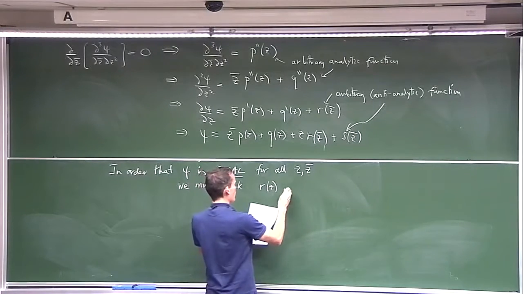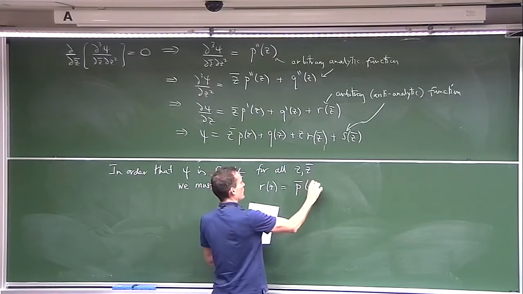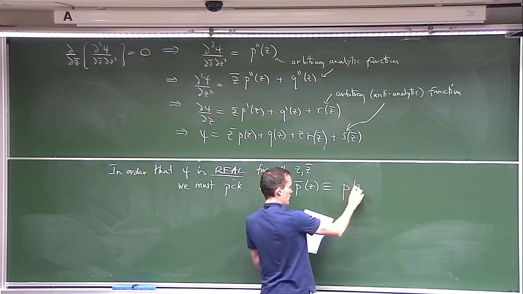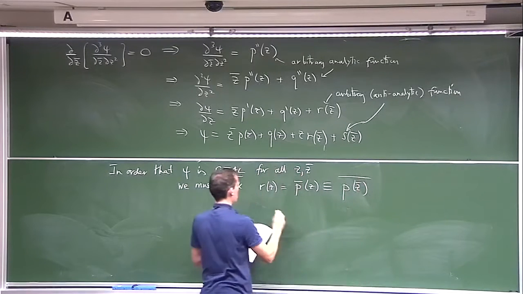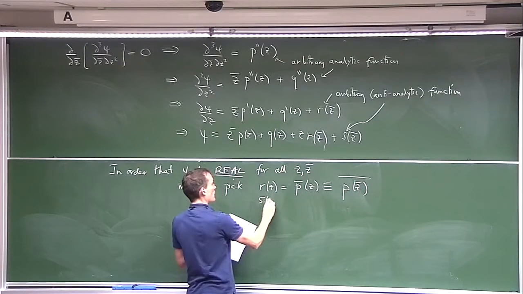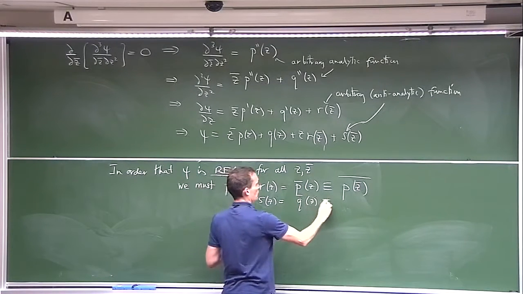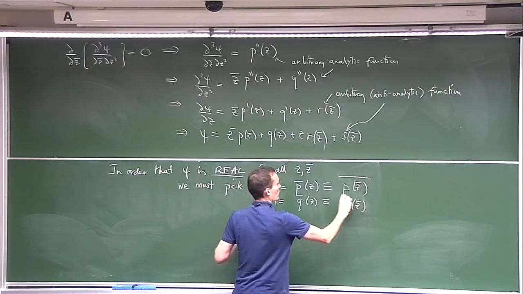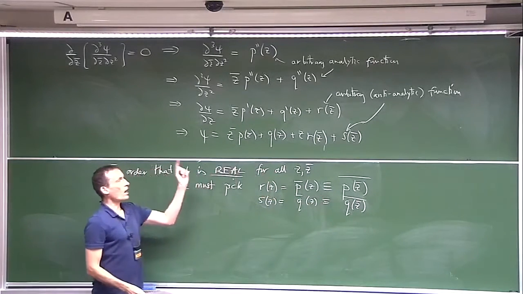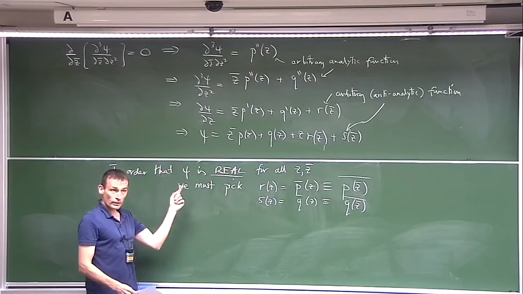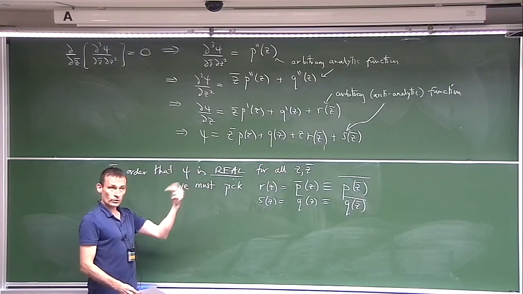R of z is p bar of z, which remember is defined to be p of z bar, conjugated. This is the conjugate to p. And s of z must be q bar of z. This is the Schwarz conjugate. In other words, R has to be the Schwarz conjugate of P, S has to be the Schwarz conjugate of Q.